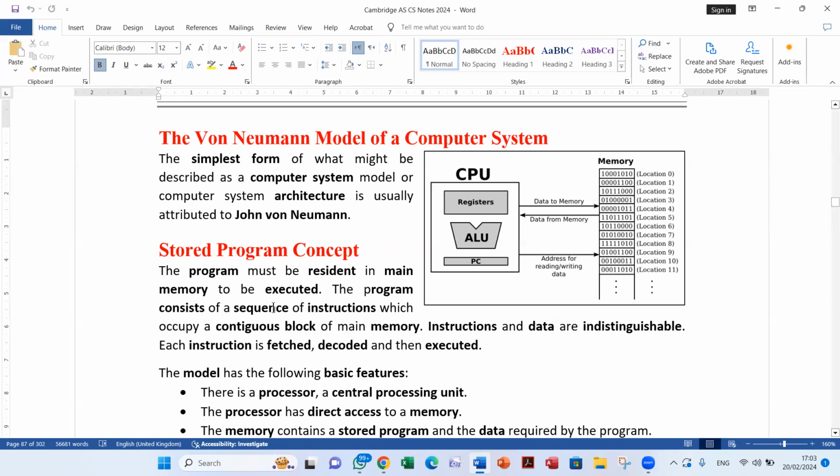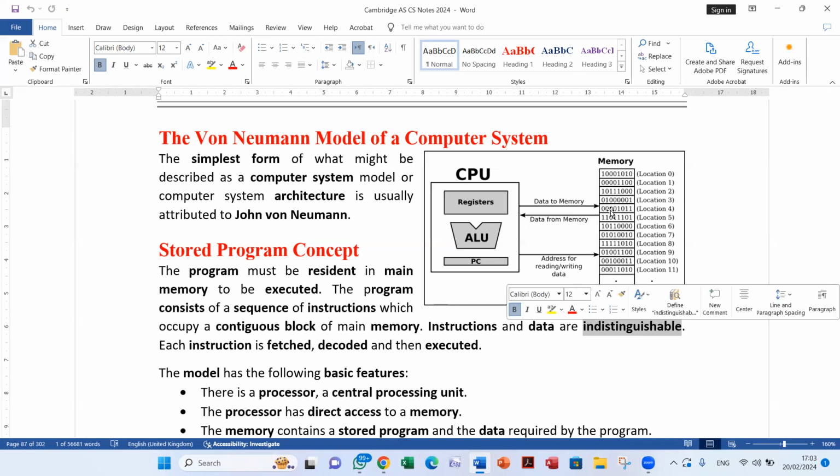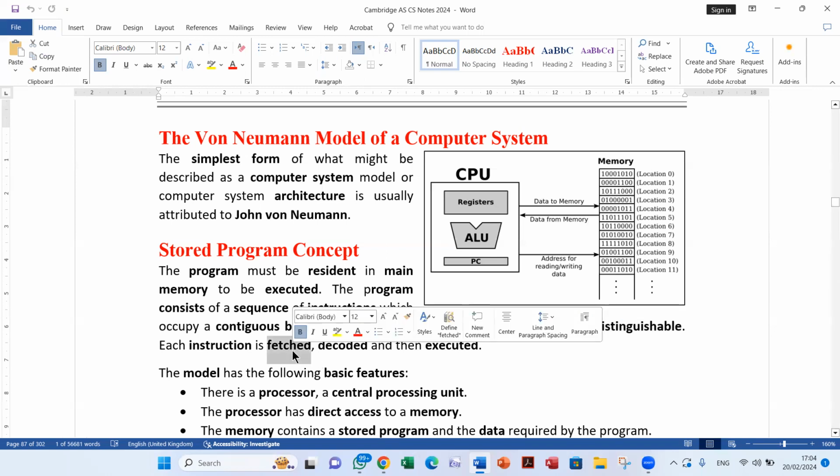The program consists of a sequence of instructions in the main memory. Instructions and data are indistinguishable; they are all together. The program knows what is the instruction and what is the data. Each instruction is fetched. I like to use this sequence: fetch, decode, execute.